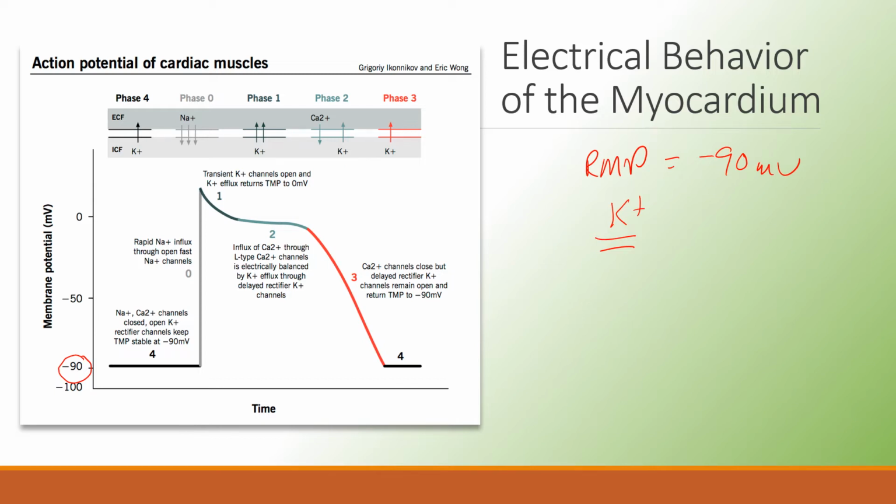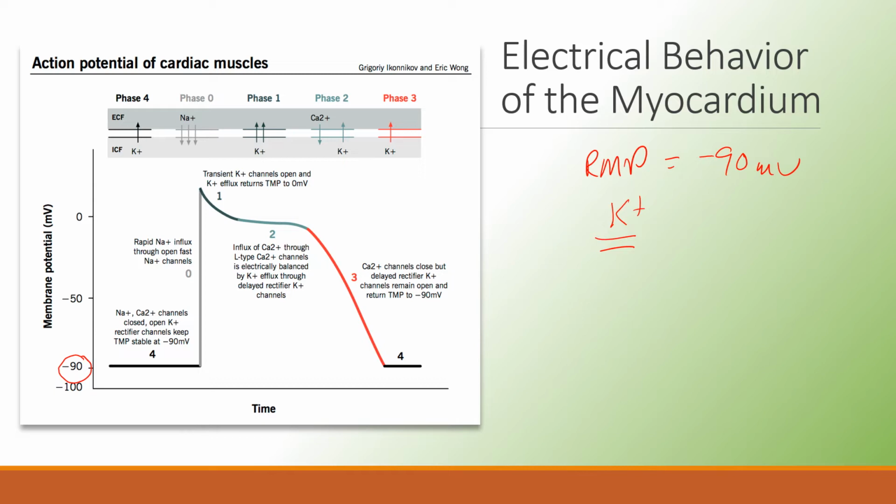In this case, we are even closer to potassium's equilibrium potential. So all that tells you is that potassium is definitely freely permeable, and there's relatively little, if any, sodium permeability at rest. So our resting membrane potential in the cardiac myocyte, again, is negative 90 millivolts.